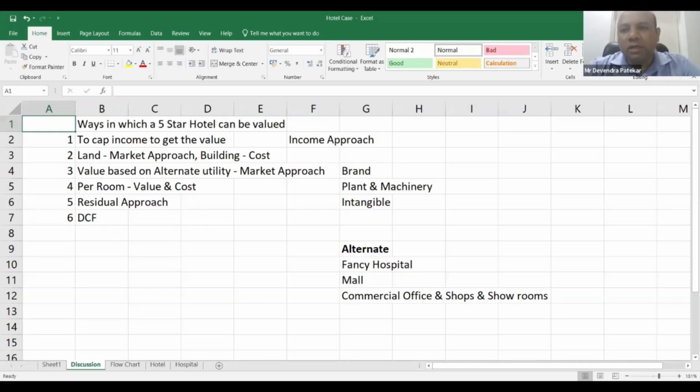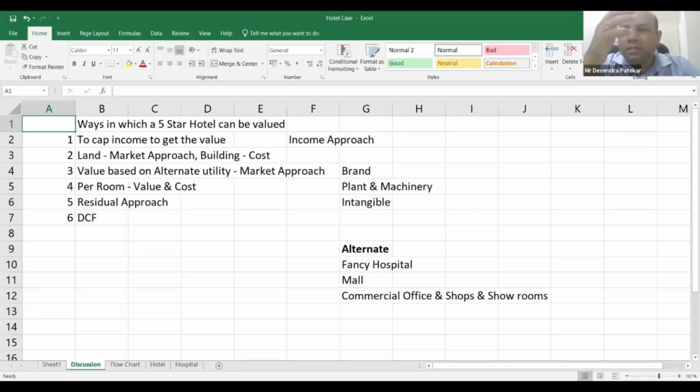The next method, again in the market approach or based on some thumb rule method, would be to analyze the cost or value on a per room basis.